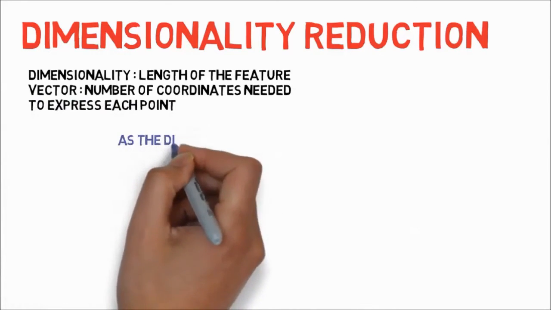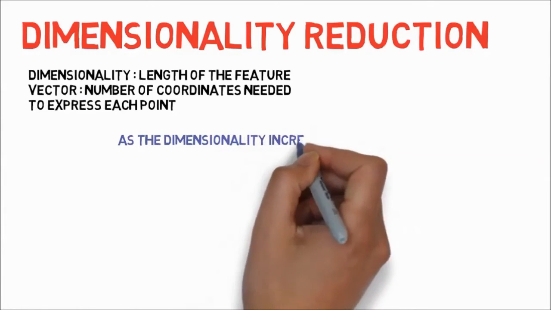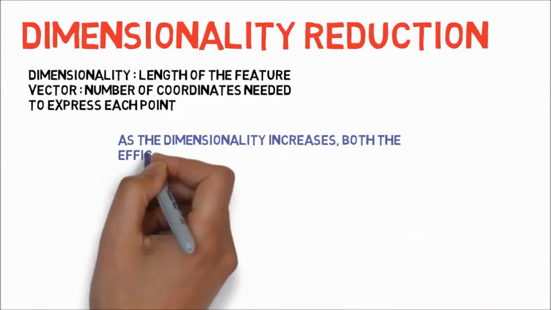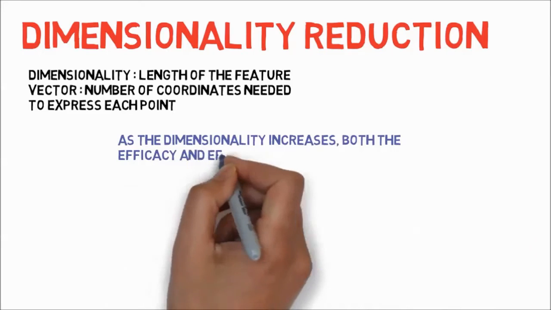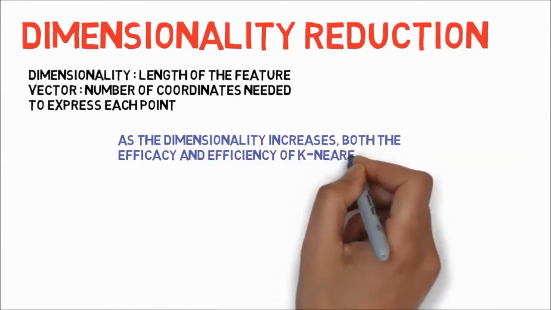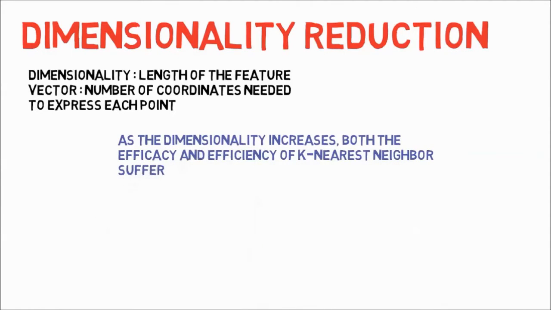That's the dimensionality. Now, as the dimensionality increases, both the efficiency and the efficacy of the k nearest neighbors reduces.